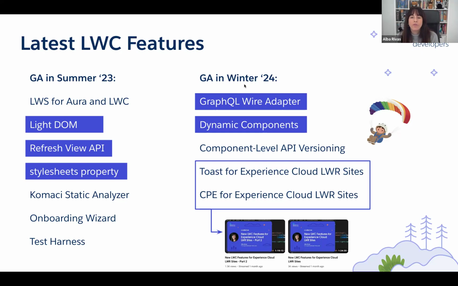Then we're going to take a look at the winter 24 release, and we're going to take a look at two features, which are GraphQL wire adapter and dynamic components. Remember, number one in the survey.